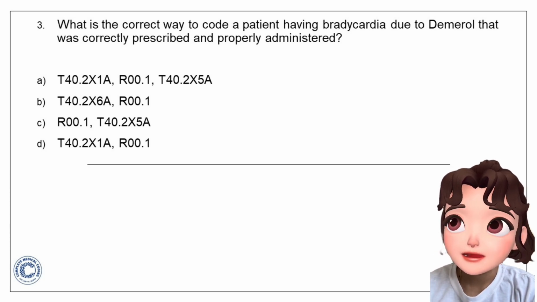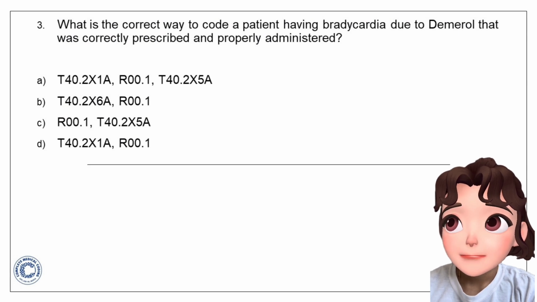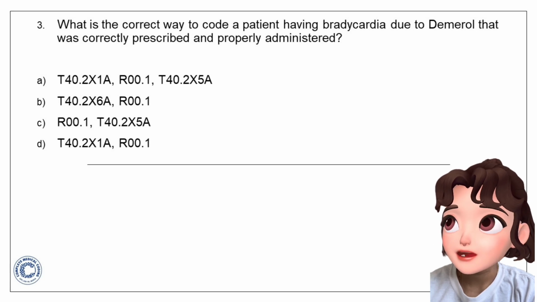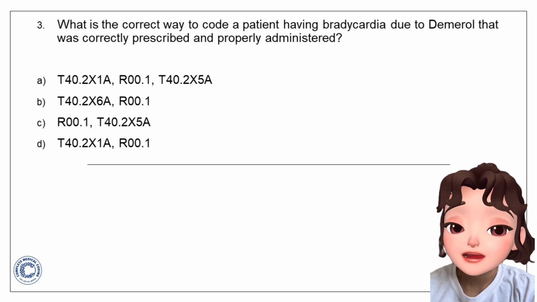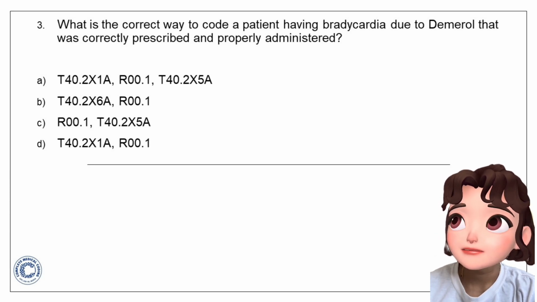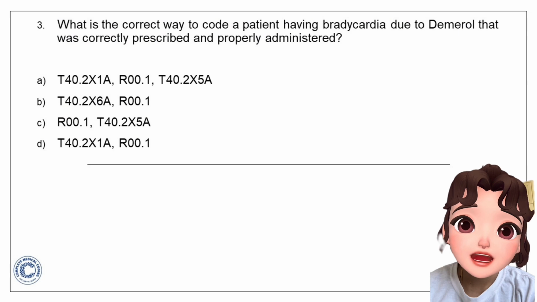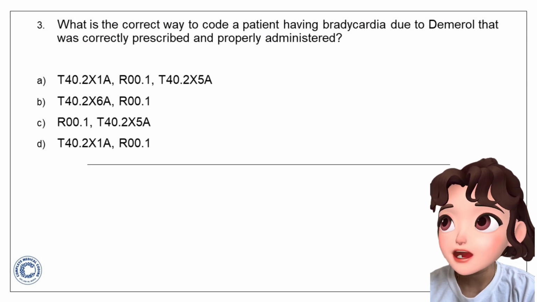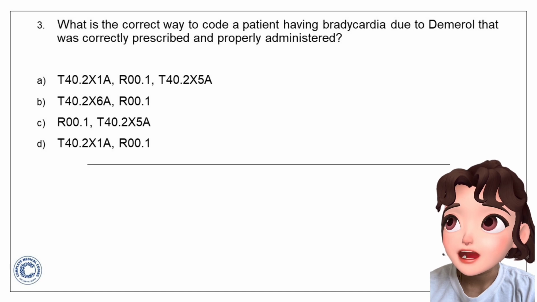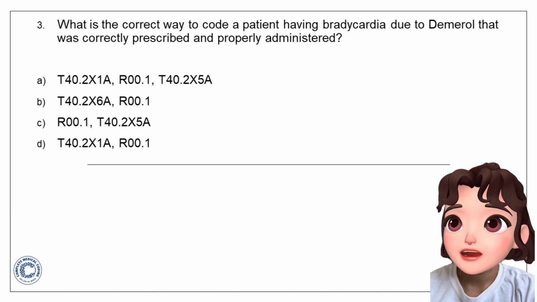Of course, bradycardia, because the patient is having bradycardia due to Demerol. There is nothing negative mentioned related to Demerol. Only because Demerol, that opioid, has been administered, the patient was having bradycardia.